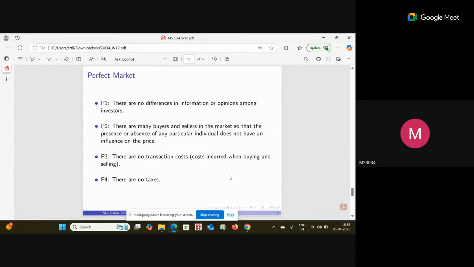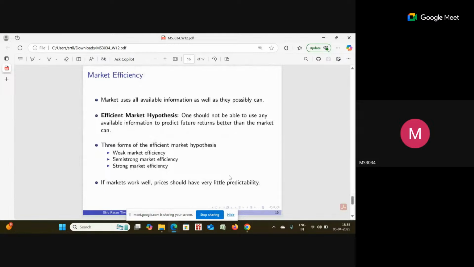And coming to the information part, we have a slight discussion regarding overall market efficiency. There are various types of market efficiency discussed under the efficient market hypothesis. But first we need to understand what we mean when we say a particular market is efficient.